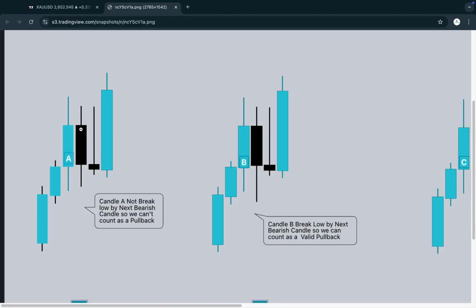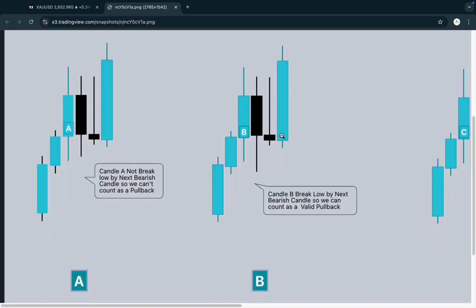In diagram B, we can see clearly that the market creates 3 continuous bullish candlesticks, and the 4th black candle pushes downside and breaks the previous candle low. Then the market pushes higher. Even one candle breaking the previous candle low is enough to mark a valid pullback.